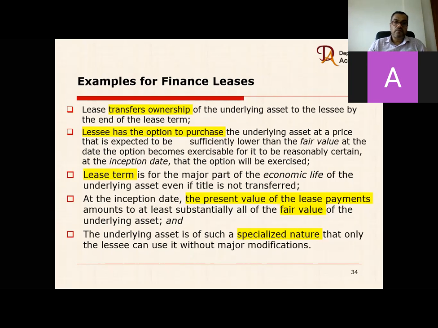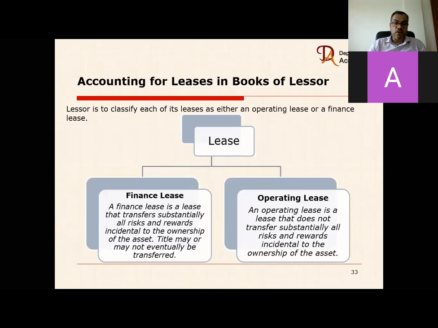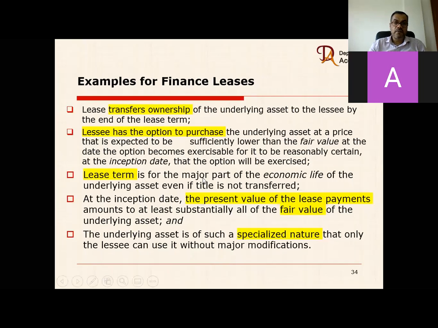Then some examples have been given for finance leases. This is the major rule or the classification. But if a particular lease has some similar characteristics like this, you may conclude that this is a finance lease. What are they?